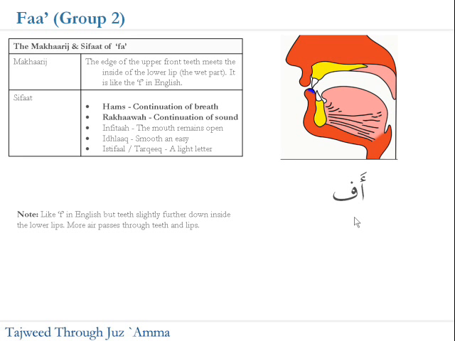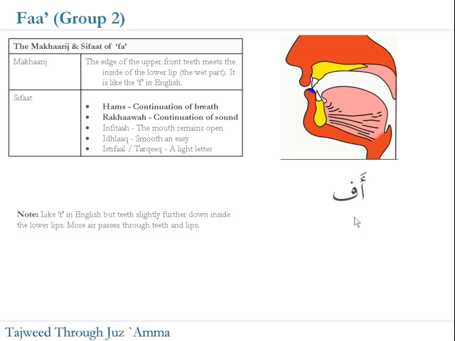Okay, now in terms of the characteristics, we've got a few here, and this will be covered separately in the module which is purely dedicated to the Sifat, but I've got two highlighted here. So we've got the Hams, which is the continuation of the breath. So when you say Af, okay, at the end there's a f sound, a sort of stronger release of breath, and that's normally known as the Hams.